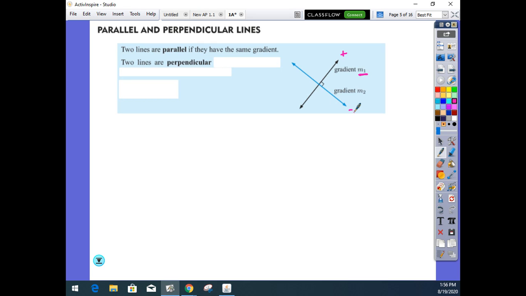And more specifically, it's negative or opposite reciprocal of one another. So using this M1 and M2, we say M2 is negative 1 over the slope 1. A lot of times we use this symbol for the perpendicular slope.